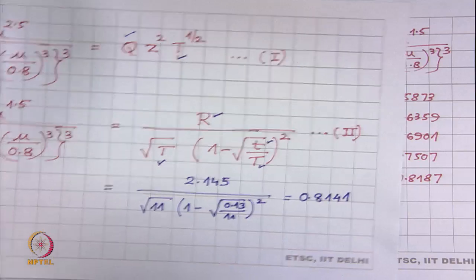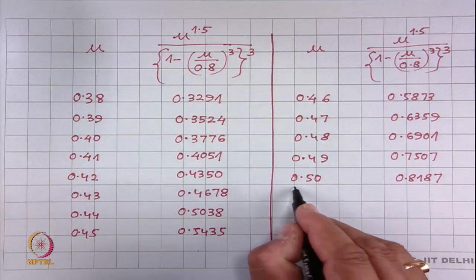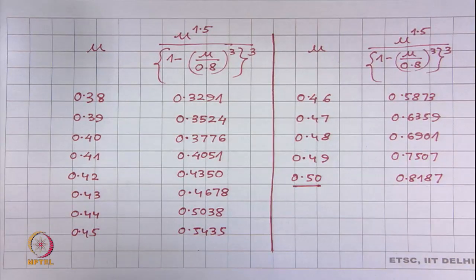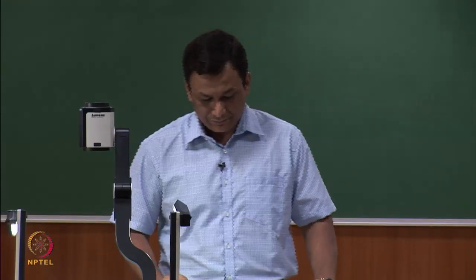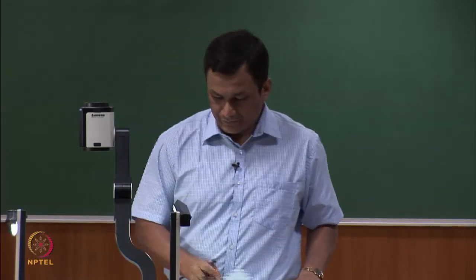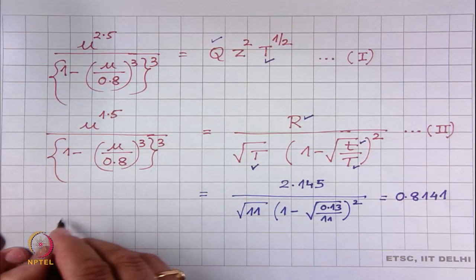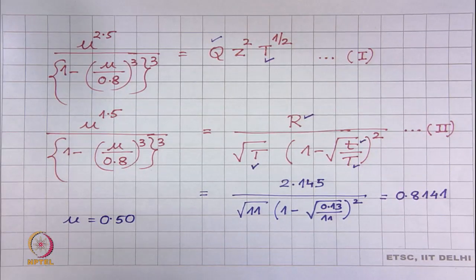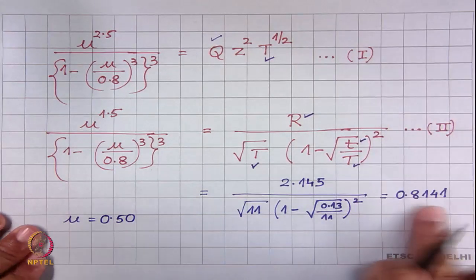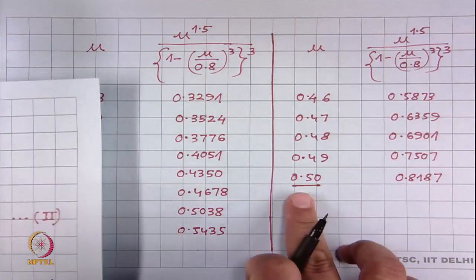And what was earlier? 0.8141. So, mu is approximately equal to 0.50. If you use a suitable numerical method, you will find out the exact value, right. So, come back to this problem. If you solve, then you will find mu is 0.50, because this expression is equal to 0.8141, and when mu is equal to 0.50, this expression becomes 0.8187.